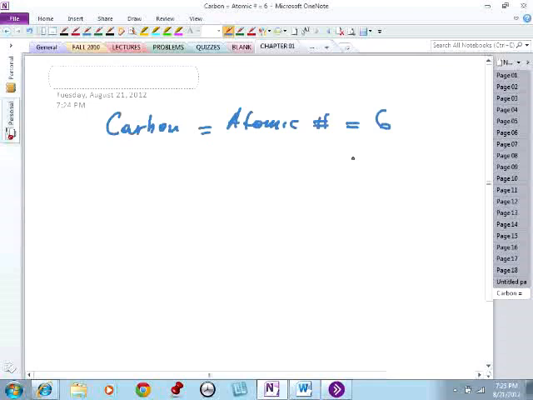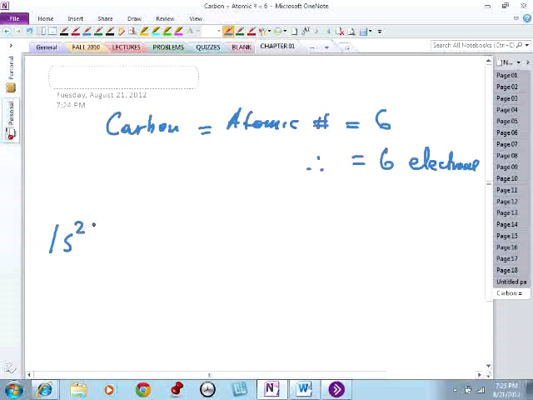Which means it has 6 electrons. We know the orbitals, the energy level of the orbitals. So the first orbital is what? 1s, right? So 1s. How many electrons go in the s orbital? 2. So we place 2 here.